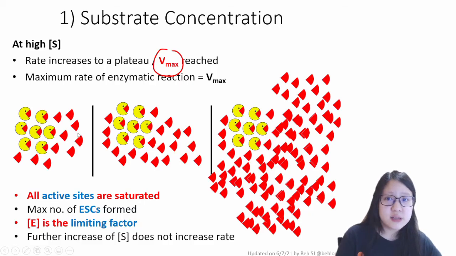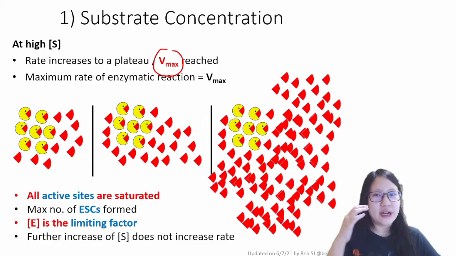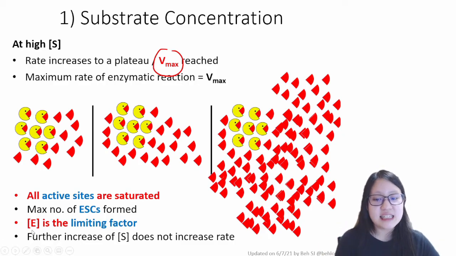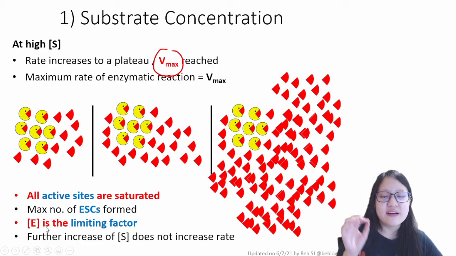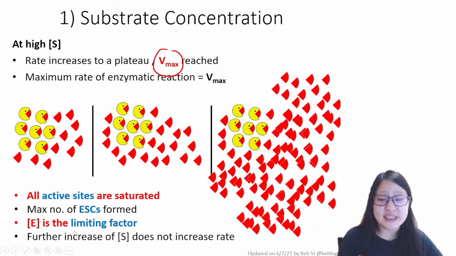The enzymes are at full capacity. All active sites are saturated. Maximum number of enzyme-substrate complexes are formed. What is limiting the rate of reaction from increasing is the enzyme concentration. This is the factor that is keeping the rate from increasing further.